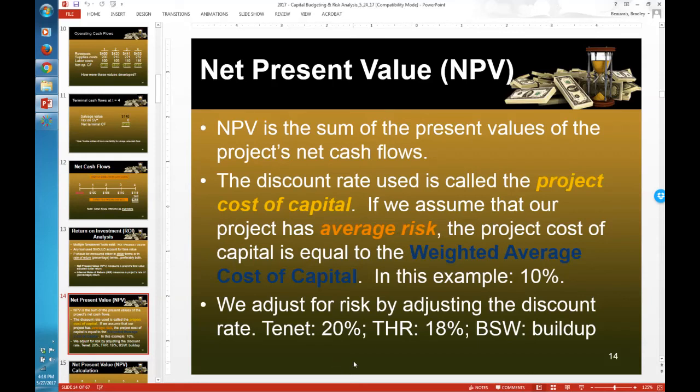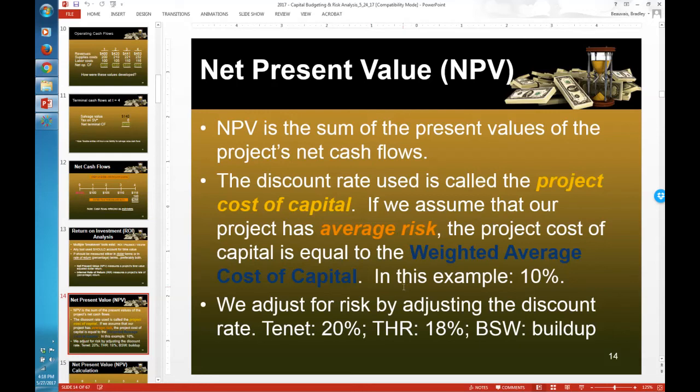Based on some organizations that I've worked with in the local market, at least within the healthcare setting, we have organizations that apply a different discount rate to all capital projects. Each one has their own valuation technique in terms of how they arrive at that, and in some cases it's just a flat rate to accommodate for all sources of risk.